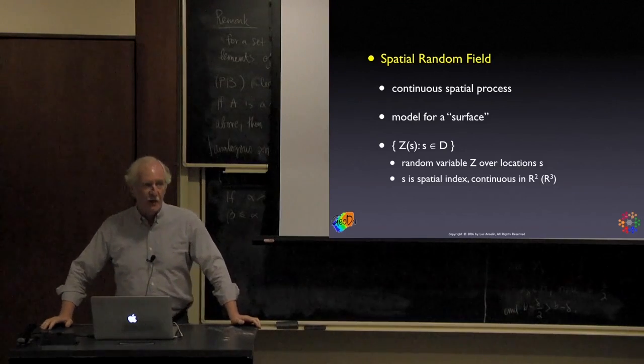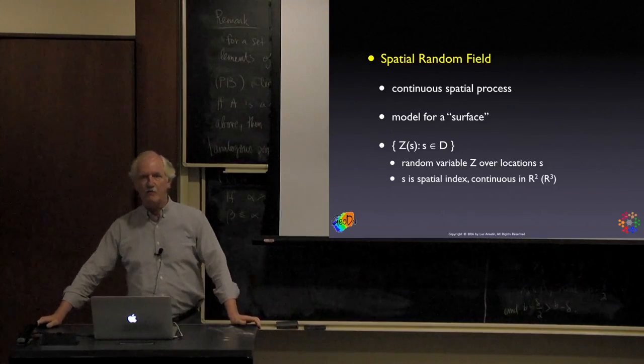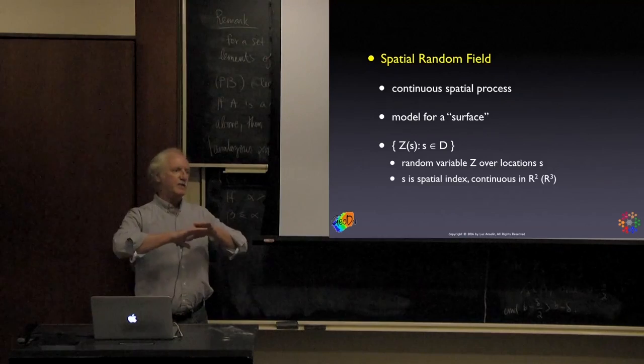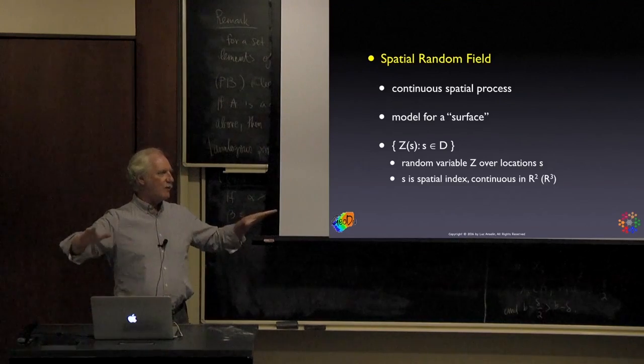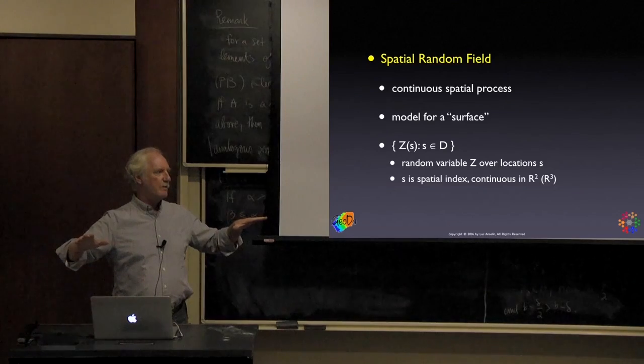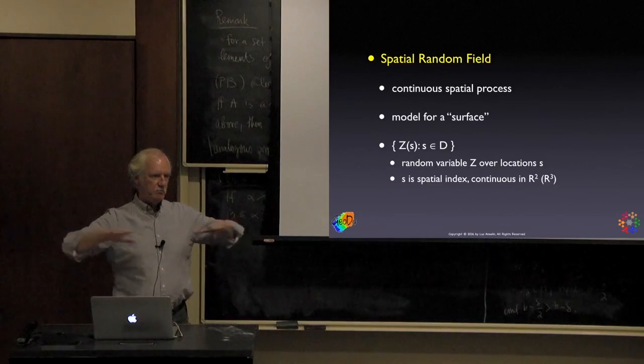Specifically, in the geostatistical perspective, we deal with spatial random fields. So processes, which are mathematical operations, that generate observations in two dimensions, so two dimensions in a space. And they're continuous.